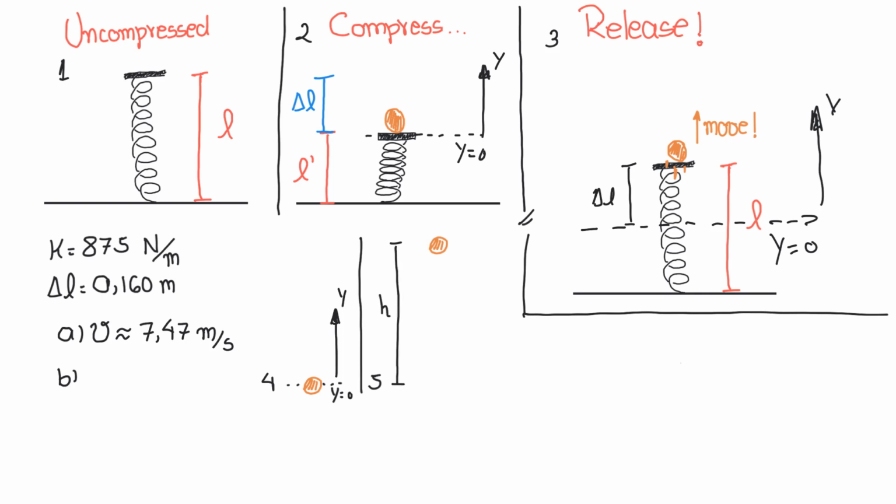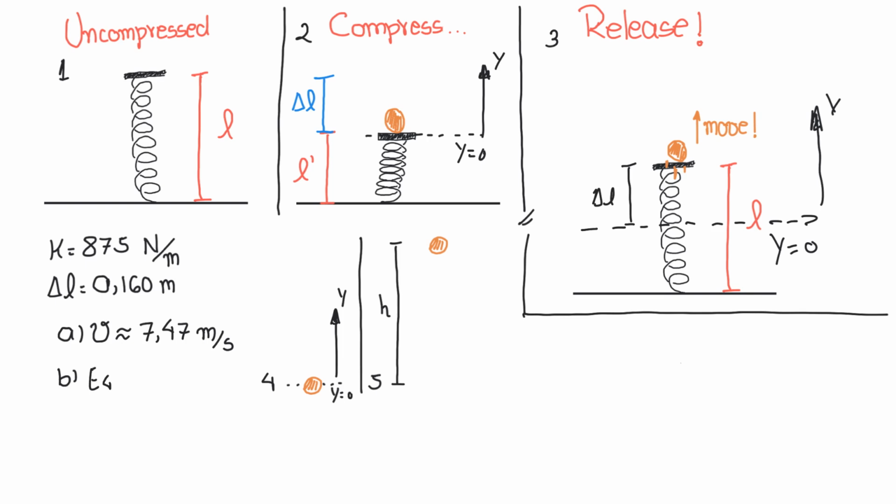What is the energy of the ball in both situations? In situation number 4, the energy of the ball is purely kinetic because it's at y equals 0. And in situation number 5, it's purely potential because the ball has a velocity equal to 0 at its maximum point. Therefore, by using energy conservation, we get the following.